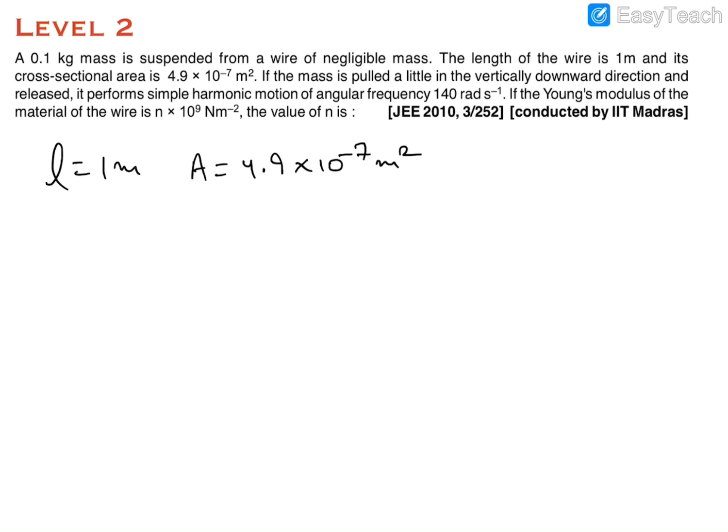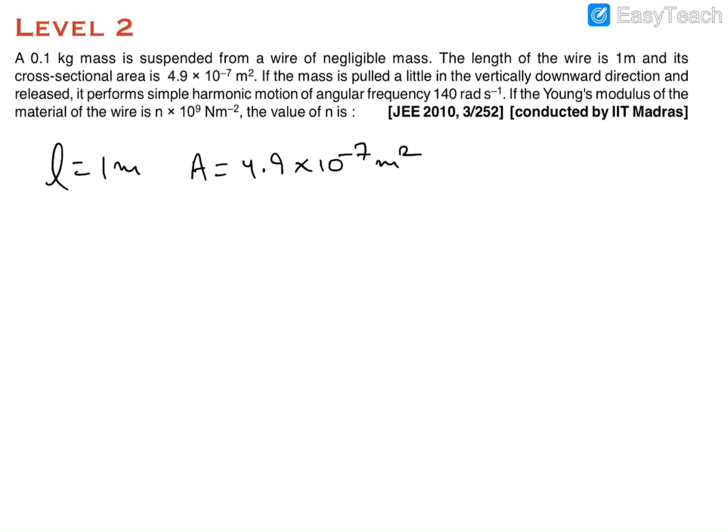This mass is suspended with this wire in vertical plane, and this mass is being pulled by a slight amount and it is released. Then it performs simple harmonic motion of angular frequency 140 radians per second. So the Young's modulus of the wire will be n into 10 raised to power 9. We have to find out n.